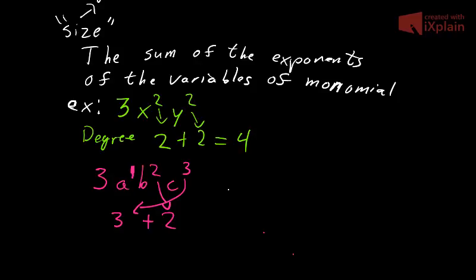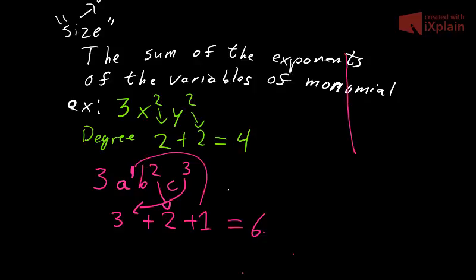Sometimes we write it, sometimes we don't. Most times we don't. So anytime you see a variable without an exponent, its exponent is actually 1. And we have to bring the 1 right over here. And by doing that, we can make sure that we have everything we need. So the degree of this would be 3 plus 2 plus 1, which is 6. And just like that, we are golden and good to go.